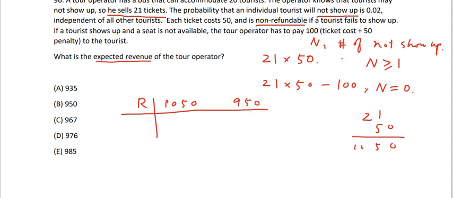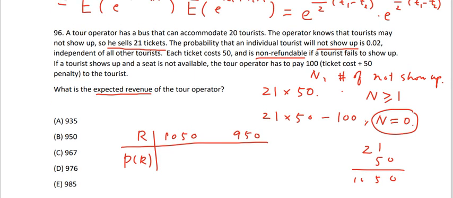So the probability that those things happen: we check n at least 1, or n equals 0. What is the probability that n equals 0? Nobody fails to show up.